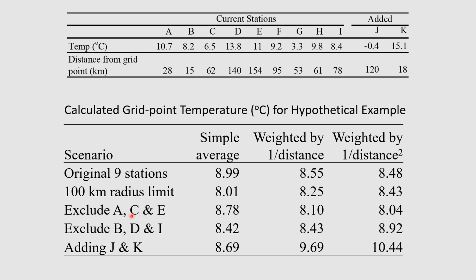If we exclude A, C, and E, which is possible because sometimes weather stations drop out from one year to the next or the data aren't available, we get a simple average of 8.78, 8.1, 8.04. If B, D, and I are excluded, then we get 8.42, 8.43, and 8.92. And if we add J and K, 8.69, 9.69, 10.44, so the numbers go up.